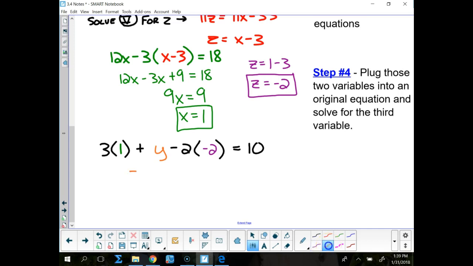So that's 3 plus y plus 4 equals 10. So y has got to be 3.